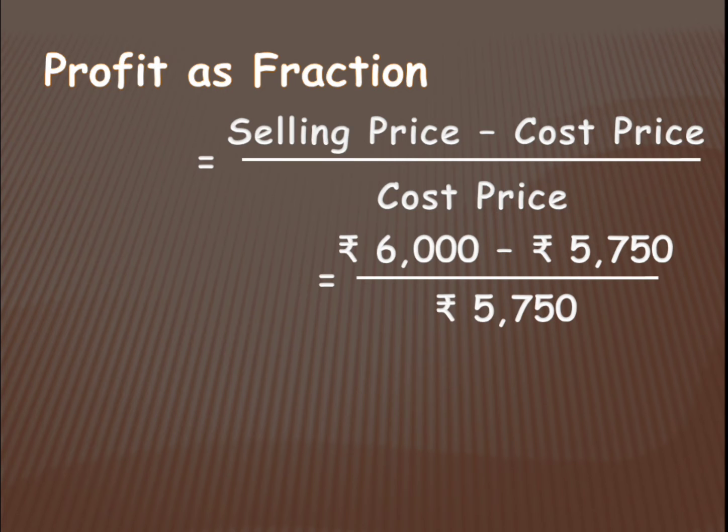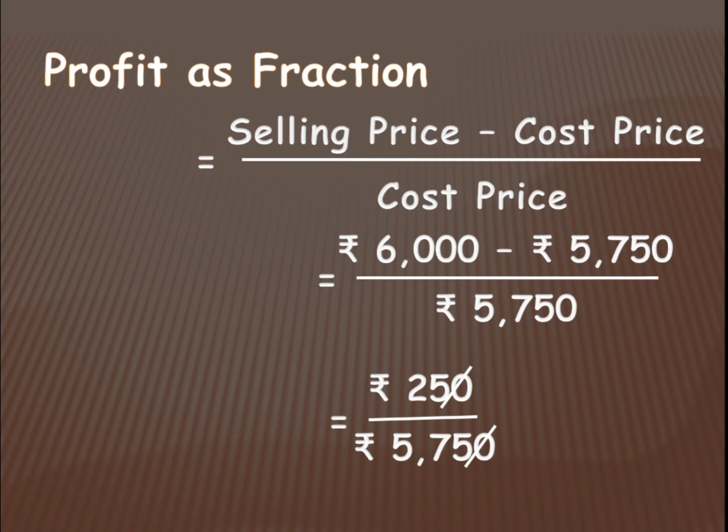Now you need to subtract. 6,000 minus 5,750 will become 250, isn't it? So 250 by 5,750. Now in the numerator and denominator you have zeros, so you will cancel the 0.